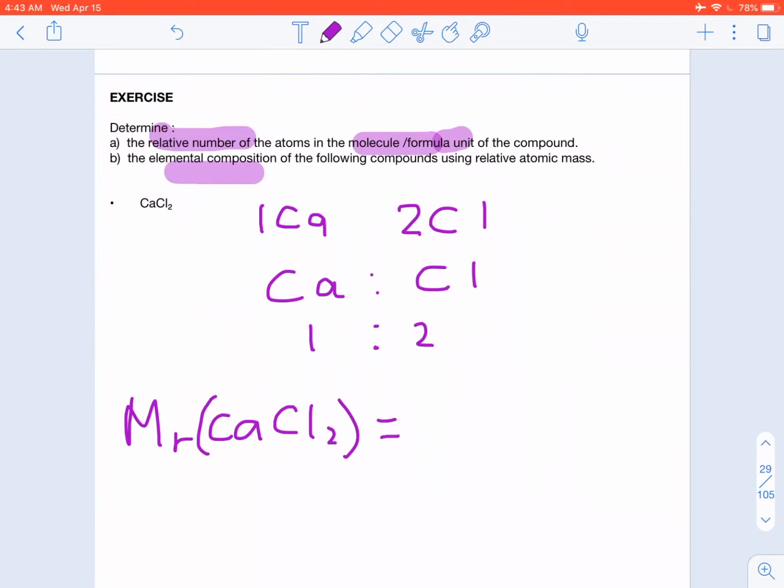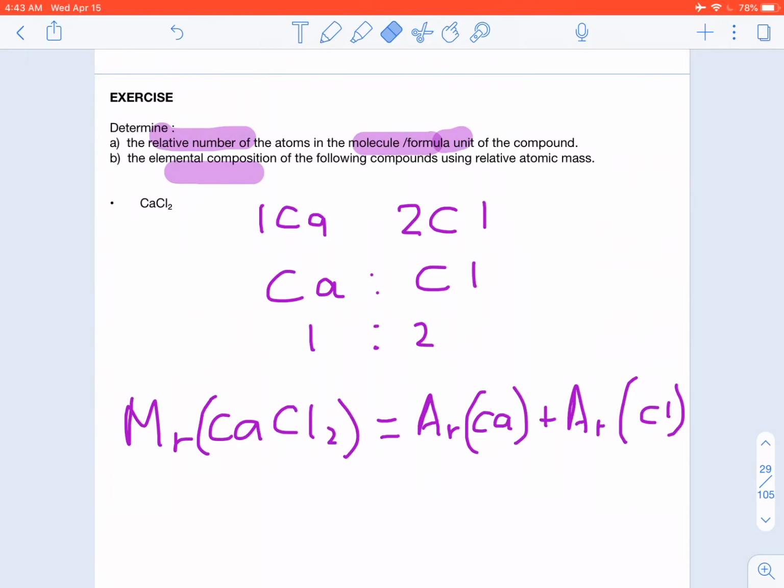So that would mean Ar, the relative atomic mass of calcium, plus the relative atomic mass of Cl.